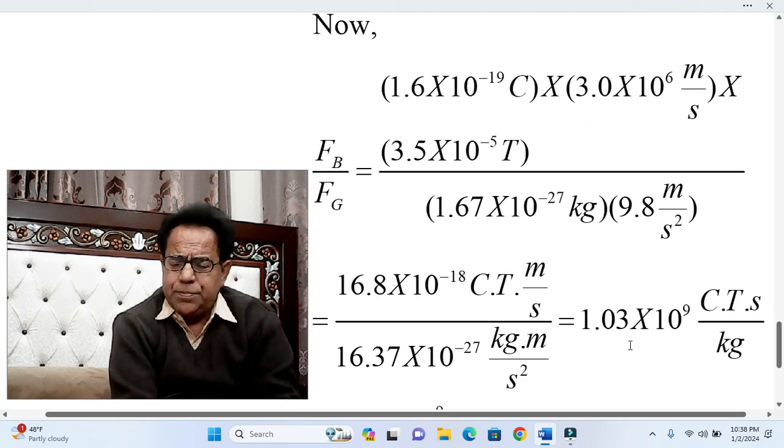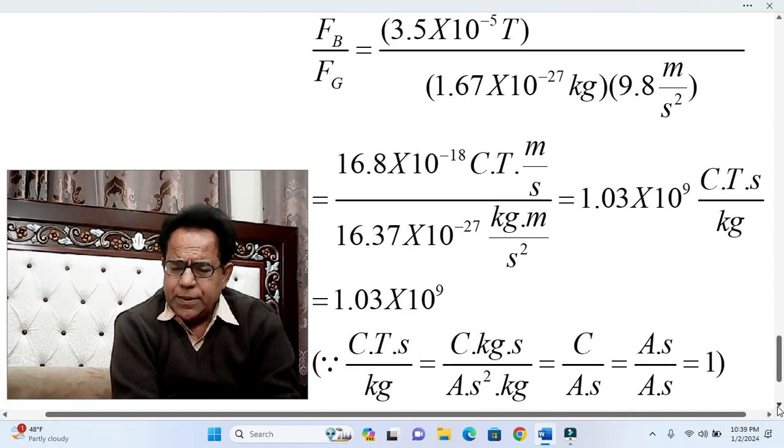First we see that after simplification, it becomes this number, 1.03 into 10 raised to the power 7.